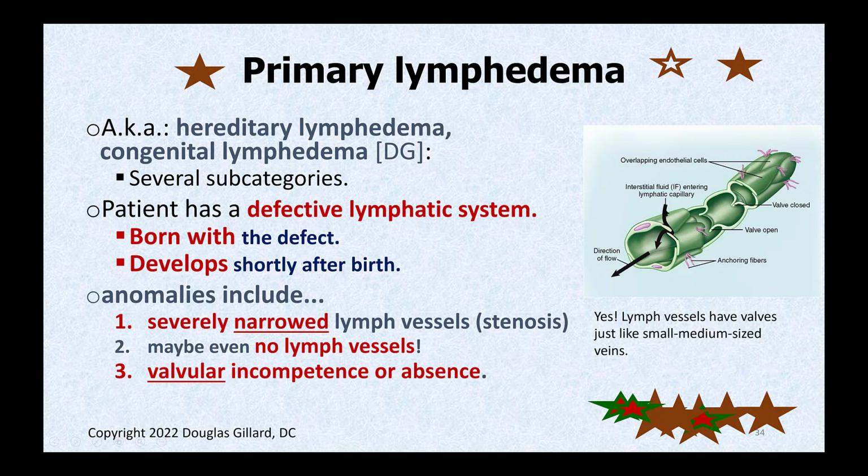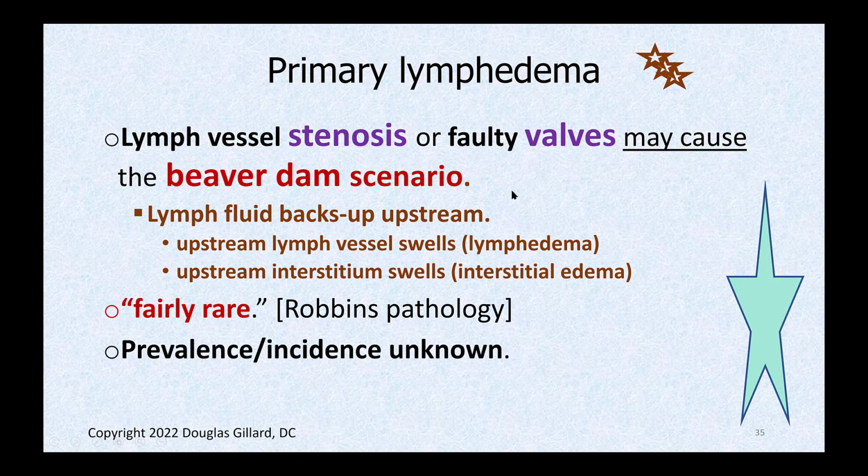So these are all risks, but these are called primary lymphedema conditions. Okay, you're born with these problems. That was a bad example of an inflammation, though. That would be a secondary problem. But if you're born with no valves or you're born with short valves, that would be an example of primary lymphedema. My voice is going out already.